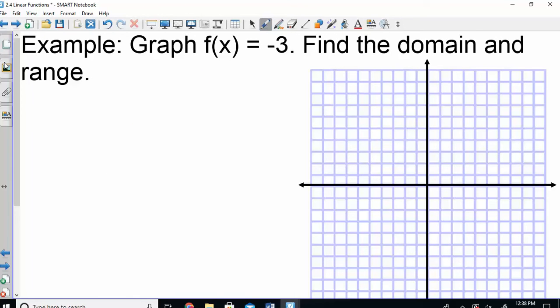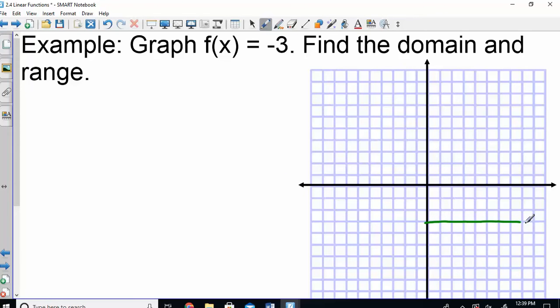So the next one is very similar. What's the difference? The last one I had was x equals, and x equals is a vertical line. But if we look, this one is f of x, and f of x is like y. This is like saying your y equals negative 3.